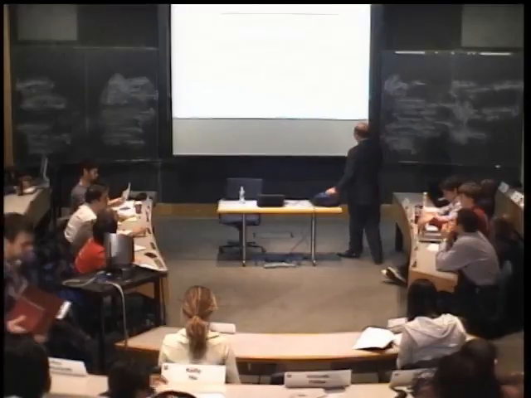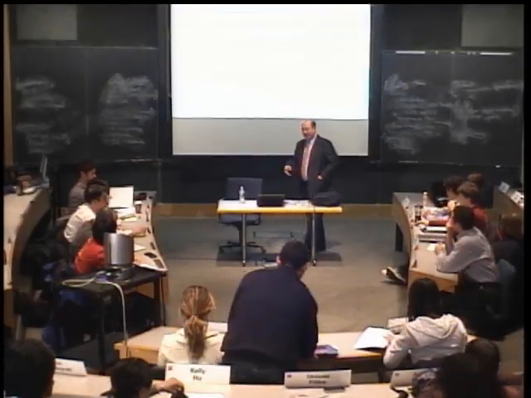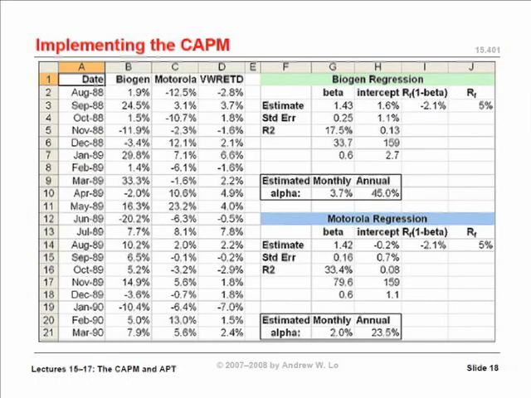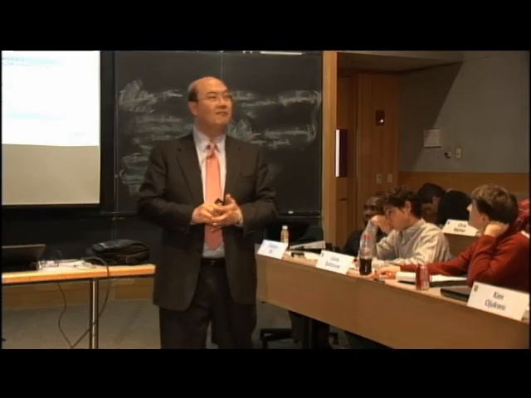You remember last time where we left off was I decided to estimate the CAPM relationship for a couple of stocks, Biogen and Motorola. And we found that the estimated alphas, the deviations from the CAPM, were pretty sizable for both of these companies. And the interpretation is either, wow, these companies are really exceptional values.